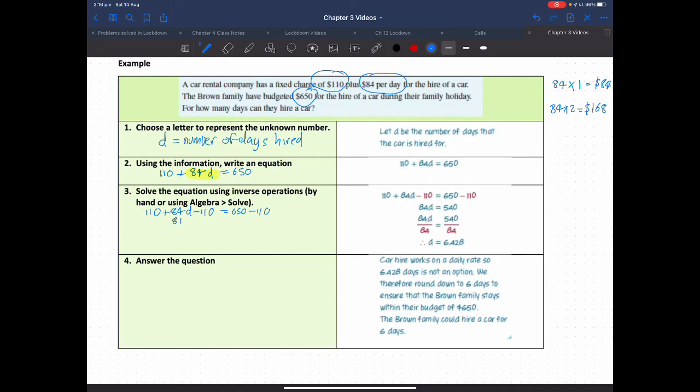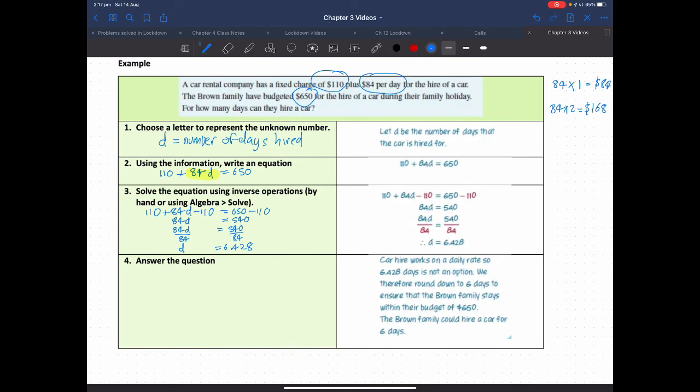So 84D, 110 minus 110 is 0, so it's gone. 650 minus 110 is 540. So now I need to find D. I've got 84D. The opposite to timesing D by 84 is dividing by 84, so I'm going to divide both sides by 84. 84D divided by 84 equals 540 divided by 84. So D comes out to equal 6.428.